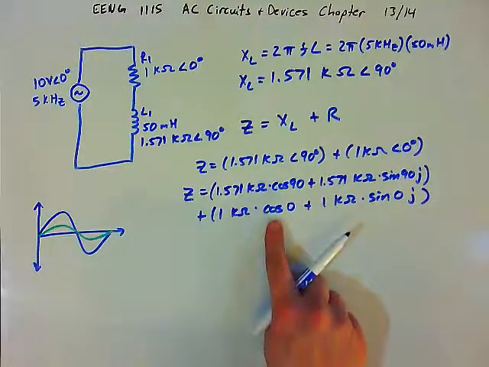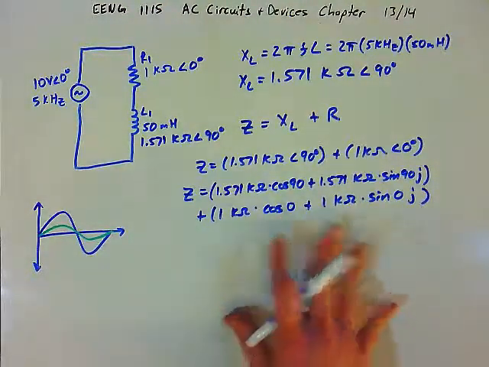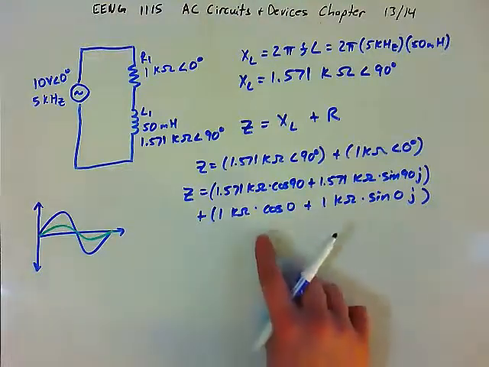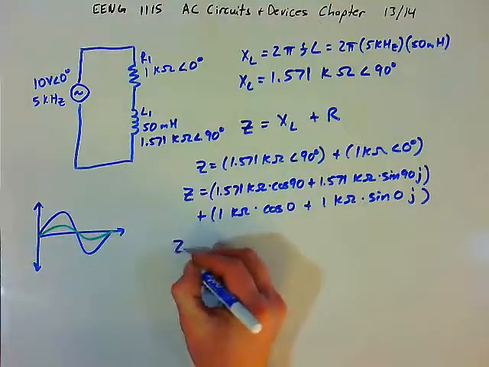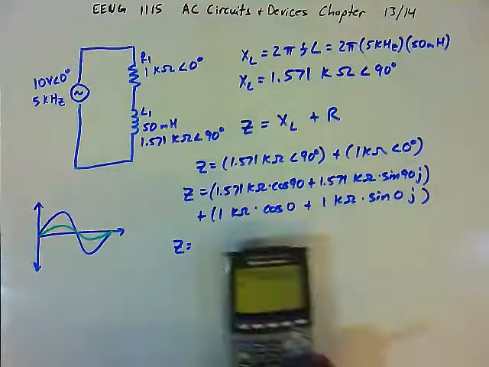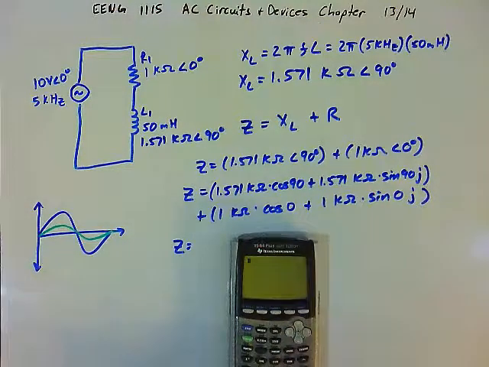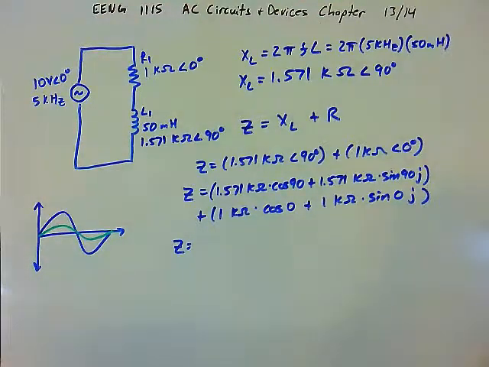And so I can type this into a calculator and figure out what these values are going to be. So I have 1.571 EE3 for kilo times the cosine of 90 degrees, and we get 0. The cosine of 90 degrees is 0, and so we're always going to get 0 when we multiply by the cosine of 90.